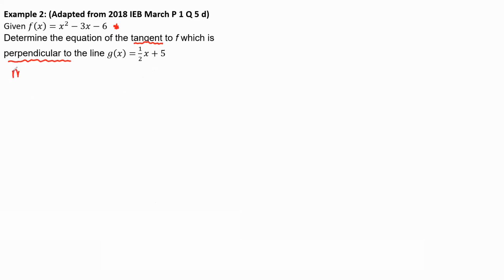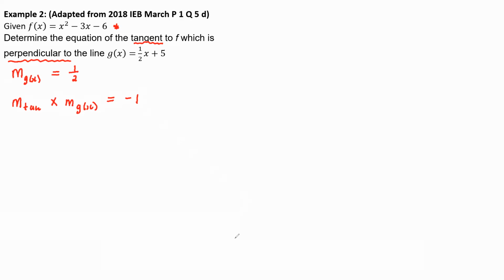The gradient of g of x is half, from y equals mx plus c. And I'm noticing that the tangent and g of x are perpendicular to each other. So what? It means that the product of their gradients will be -1.